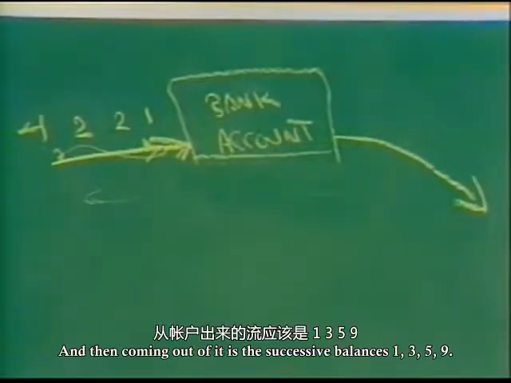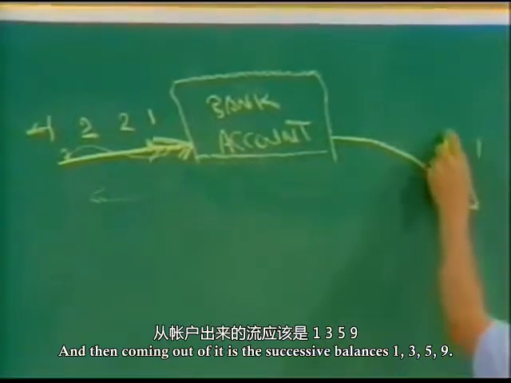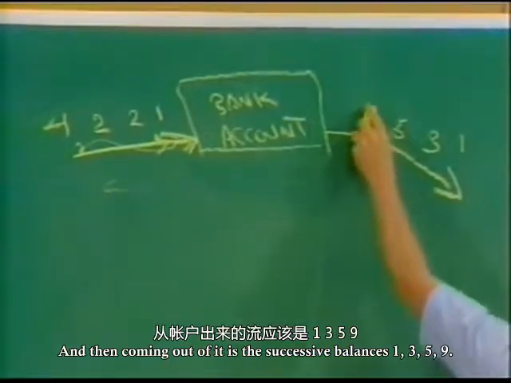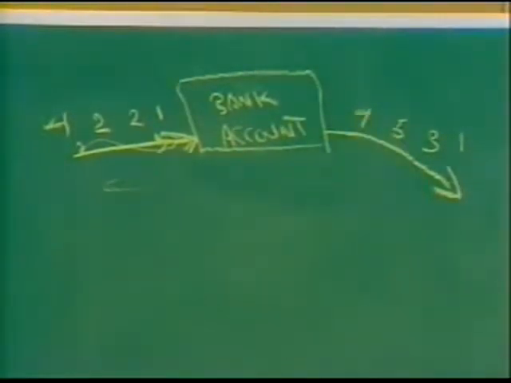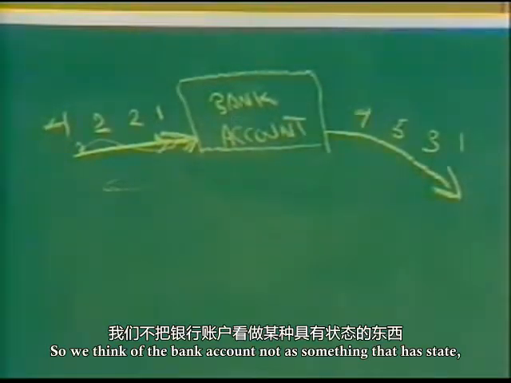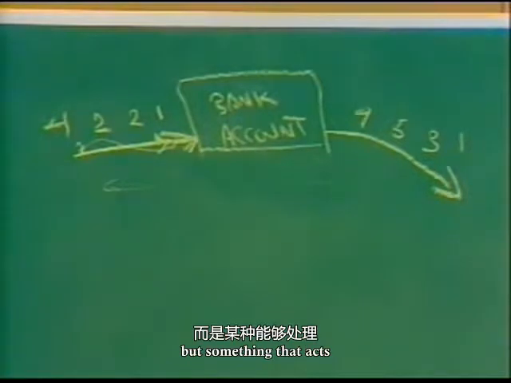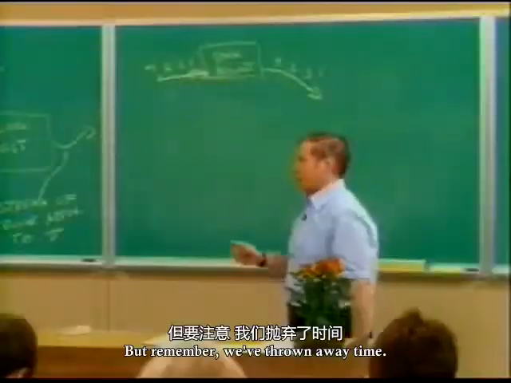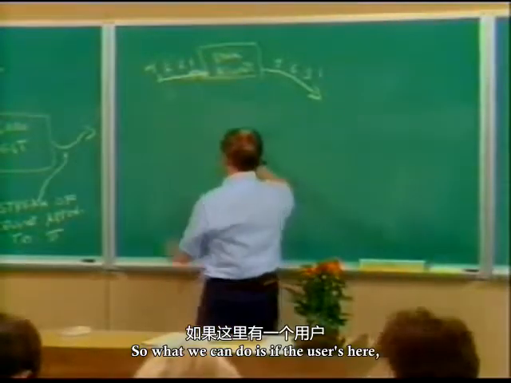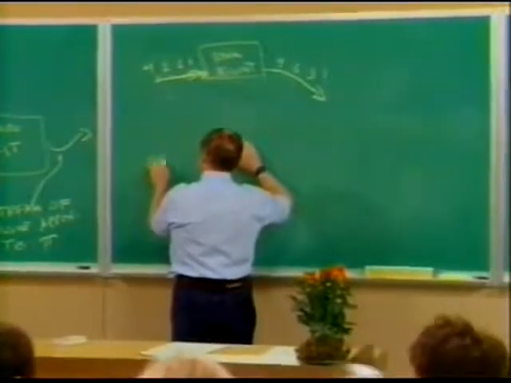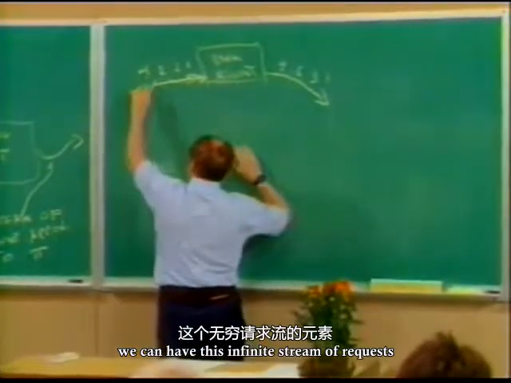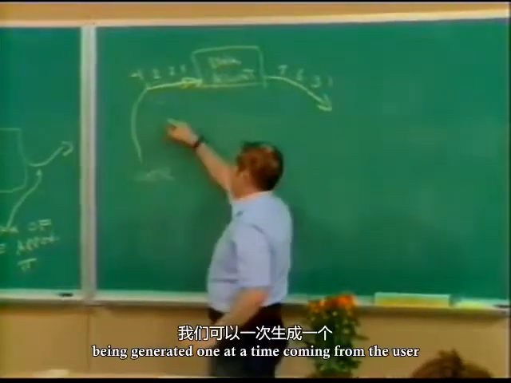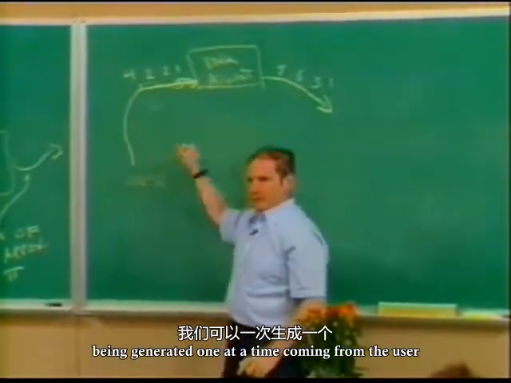And then coming out of it are the successive balances, 1, 3, 5, 9. So we think of the bank account not as something that has state, but something that acts on the infinite stream of requests. But remember, we've thrown away time. So what we can do is, if the user's here, we can have this infinite stream of requests being generated one at a time, coming from the user.